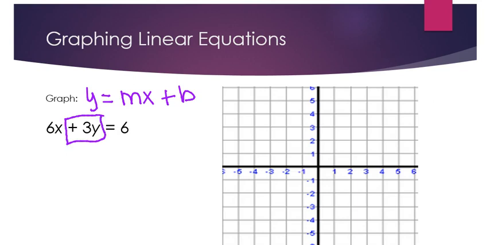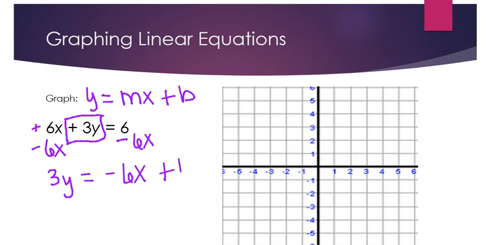So this 6x is being added to 3y. It's positive out here, right? So I'm going to subtract 6x from both sides. Once I do that, I have 3y equals -6x plus 6.